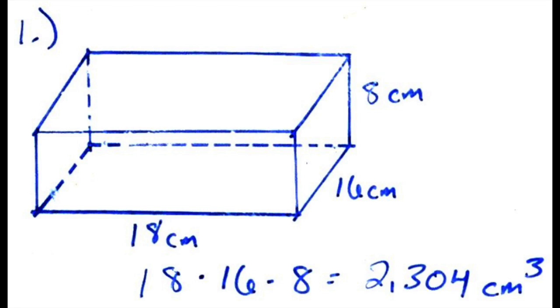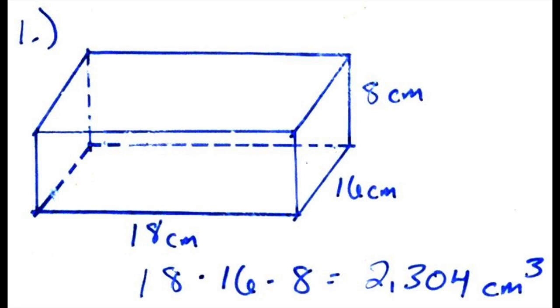So if we look at the first one, we've got this rectangular prism, so that box shape, and we've got a measurement across the front of 18 centimeters, a measurement on that right side of 8, and then that depth, or whatever measurement you want to call it, that's 16. Now, since this is a rectangular prism, there's really not a lot of thinking here.